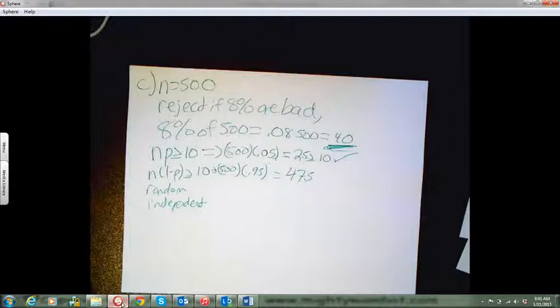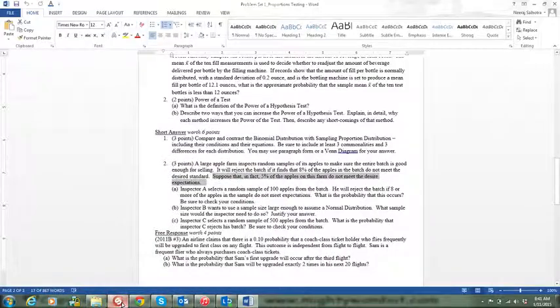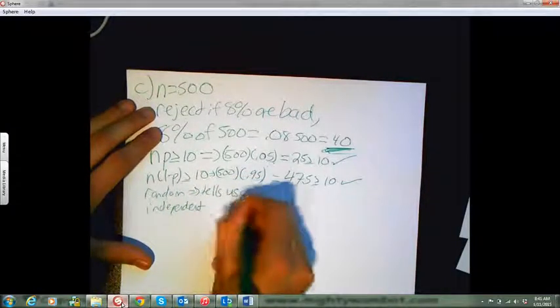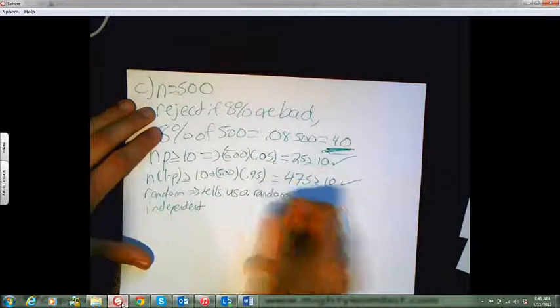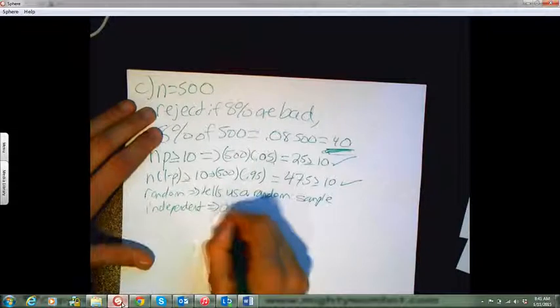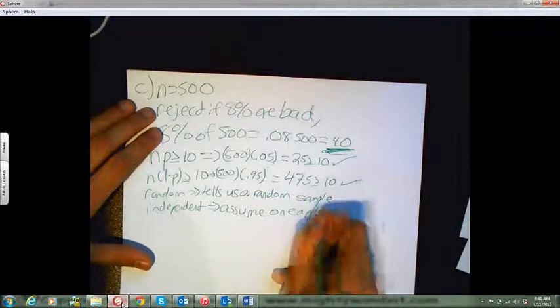Does it tell us he uses a random sample? Yep, it tells us a random sample, independent, assume one apple does not affect another apple.